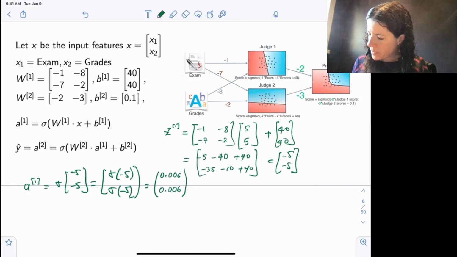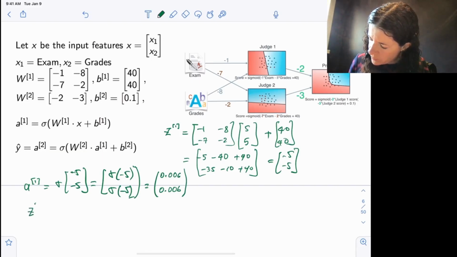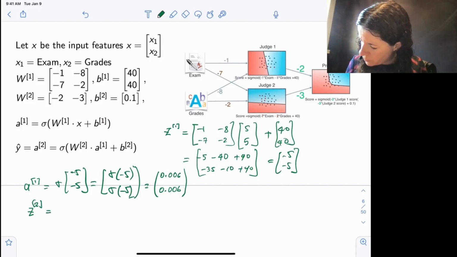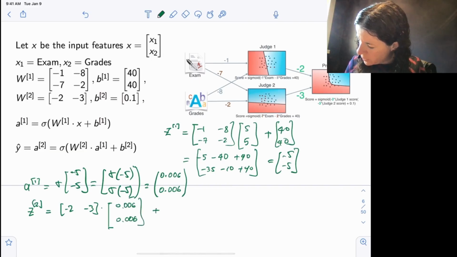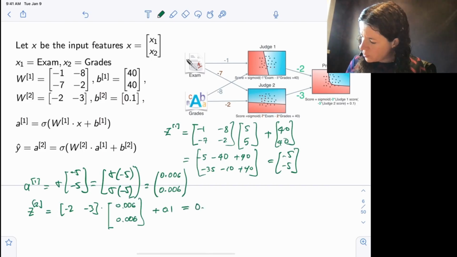Okay, so after that, we want to compute Z2. How do we compute Z2? We take W2, which is minus 2, minus 3, and take a dot product with 0.006, 0.006, and then plus 0.1, which is the bias, and this will give me 0.0665.